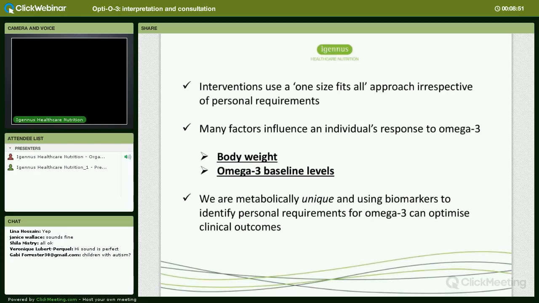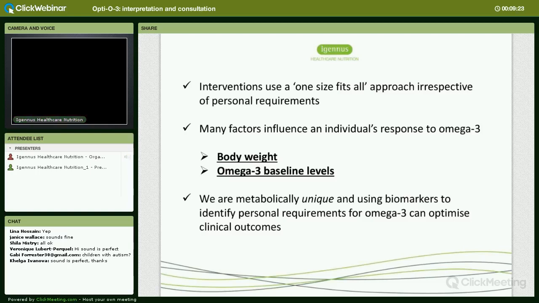At Igennus, all of our dosing guidance is based on scientific studies. For example, for intervention for depression, we know that 1 gram of pure EPA is an effective treatment. But again, this is a one size fits all approach without taking into account any of the variables that influence the impact an omega-3 supplement has on somebody's blood levels themselves.